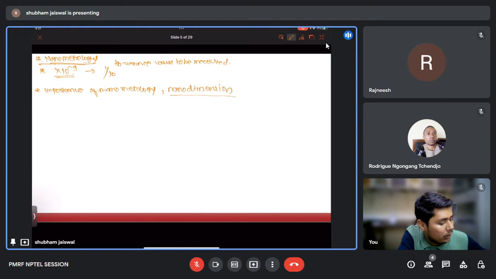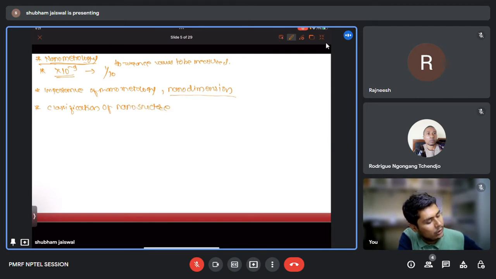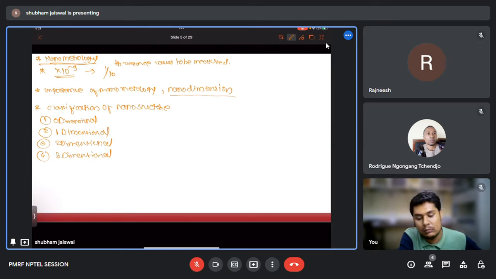So after that, we went to see the different classification of nanostructures. In this one, we have covered zero-dimensional, one-dimensional, two-dimensional, and three-dimensional nanostructures.